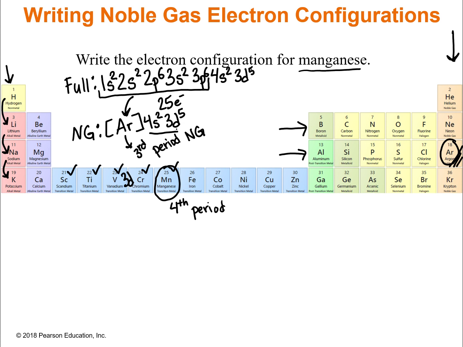So let me just check on everybody by asking you a question. Let's say that I wanted to write the noble gas configuration for bromine. What noble gas am I going to use in my configuration?